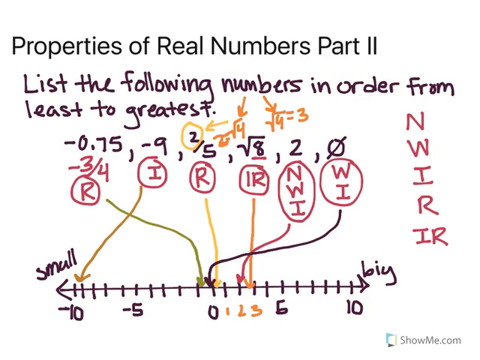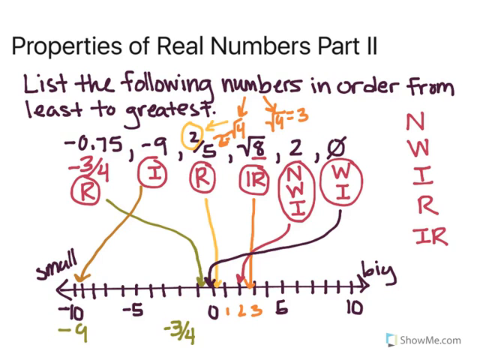So once you know where these numbers lie on a number line, it becomes very simple to order them from least to greatest. Least to greatest means from the left to the right. So we would say that our order is -9 because that's first. And then as I follow my number line, the next one is -3/4.